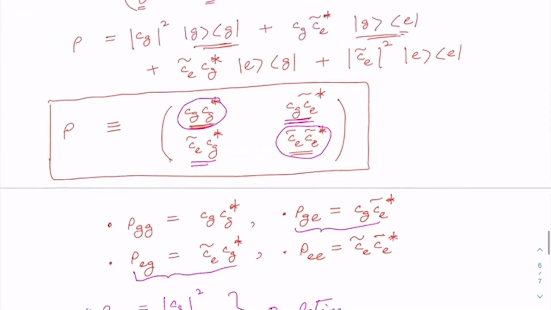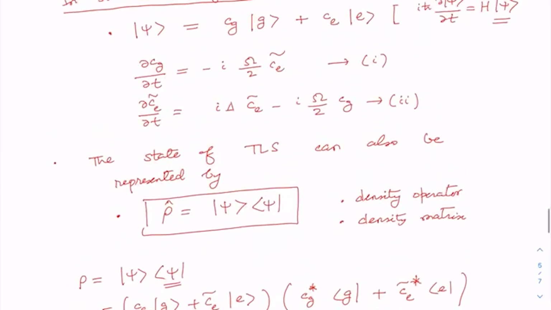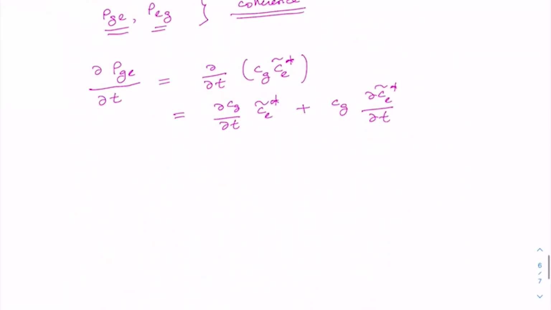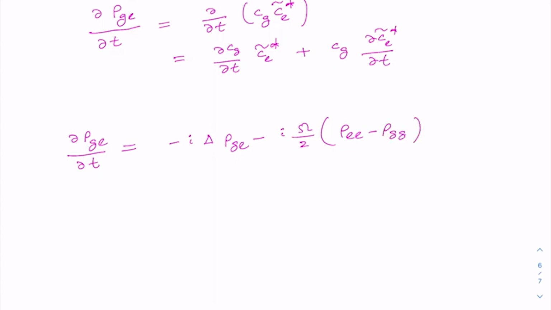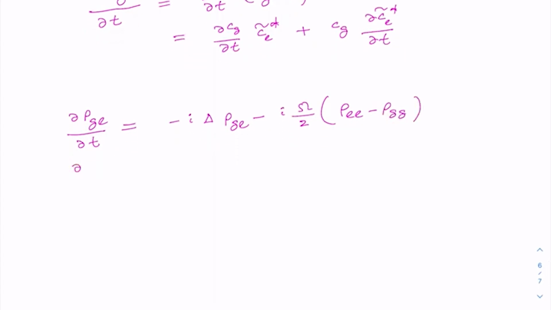Then use equations 1 and 2. I encourage all of you to do it, and you will get this equation for this density matrix element. Delta rho ze delta t would turn out to be i delta rho ze minus i omega by 2 times rho ee minus rho zz.